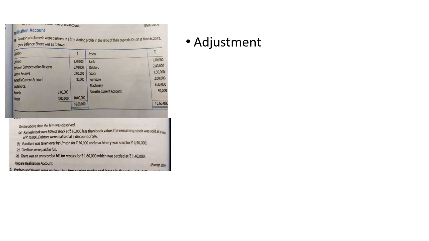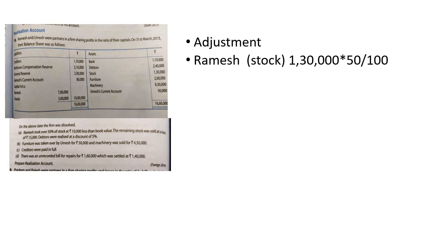Then debtors were realized at a discount of 5%. Then furniture was taken over by Umesh for rupees 50,000 and machinery was sold for rupees 4,50,000. Creditors were paid in full. There was an unrecorded bill for repair of 1,60,000 which was settled at rupees 1,40,000 in repair realization.